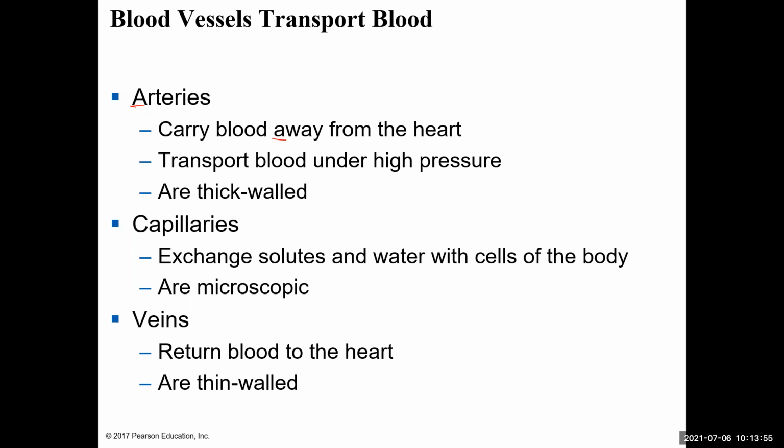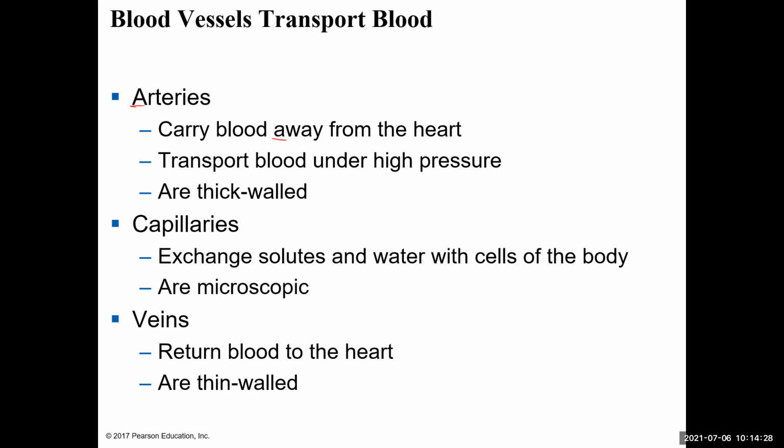And they are a single cell tissue layer so that diffusion of oxygen, carbon dioxide, ions, and other molecules can diffuse from the blood vessels, so from those capillaries, into and out of the cells and into and out of the blood. Now, there is a difference between the arteries and veins in terms of how thick they are, in terms of the tissue layers that make up the veins.